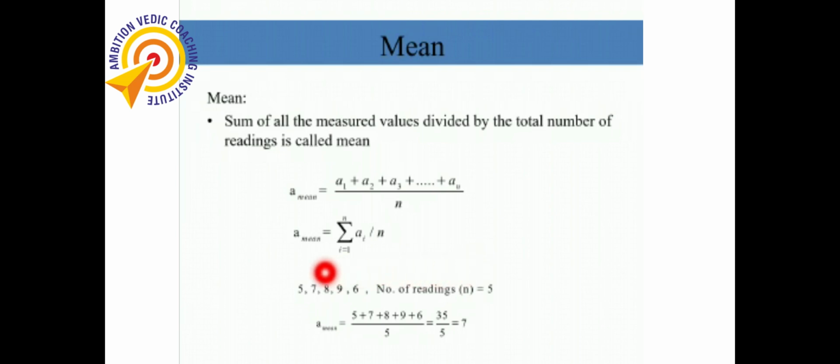But as you can see, 5 times we tried to measure the value and every time we are getting a different value. This is what happens in experiments during the lab also. So first thing, I hope you understood how to calculate mean or the average value of a certain instrument or reading.